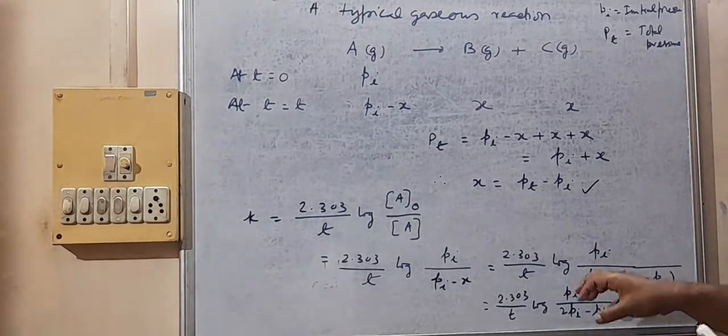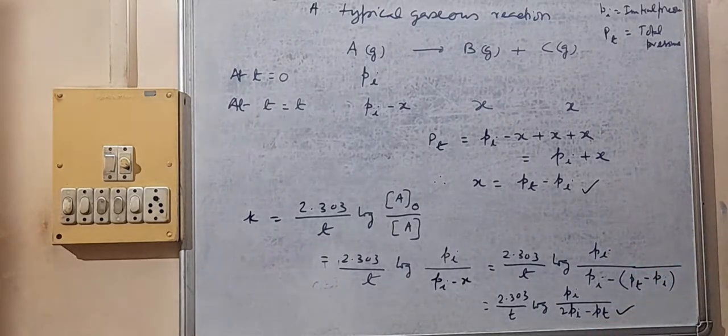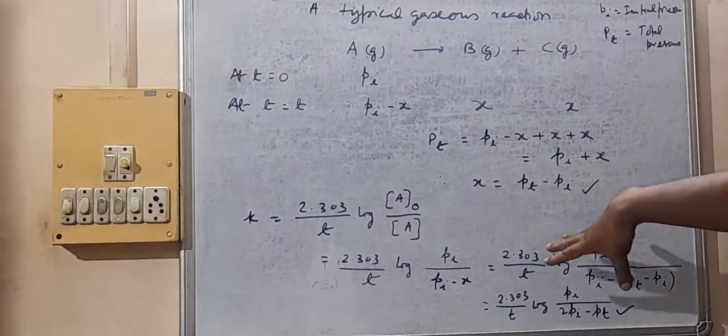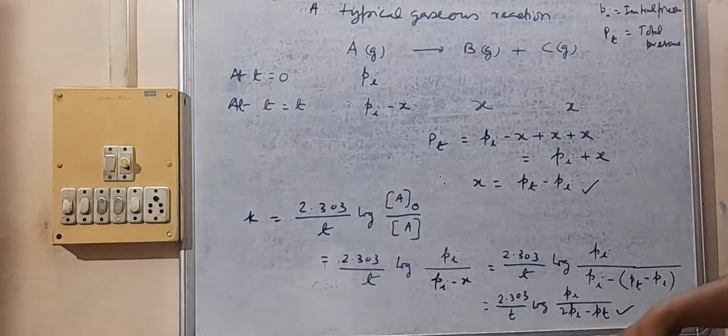So we are getting the rate constant in terms of initial pressure and the pressure at time t. You need to know this, as there may be some numericals on this.